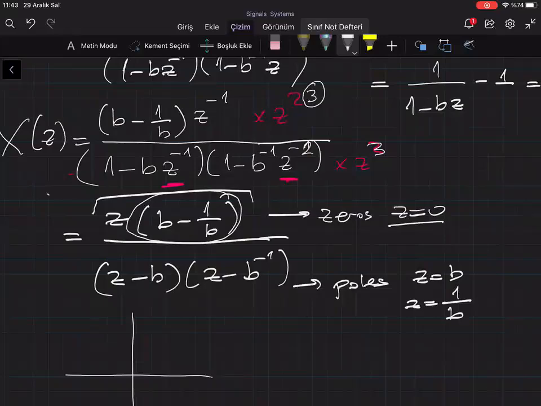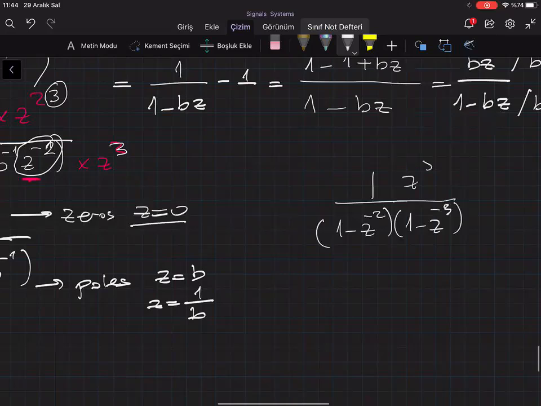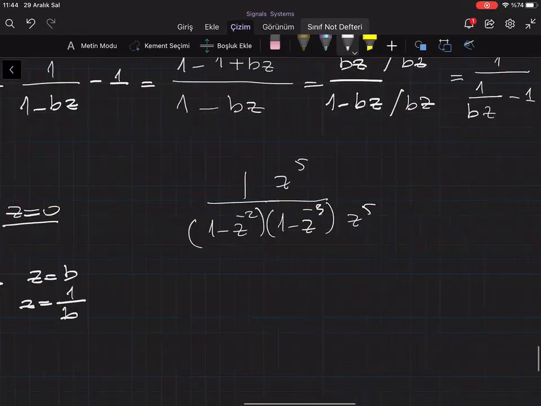Yes, exactly. We are going to add up how many z to the power -1s I have, and multiply by that term. Like if it is 1 minus z minus 2, 1 minus z minus 3, then I should multiply both sides by z to the power 5.